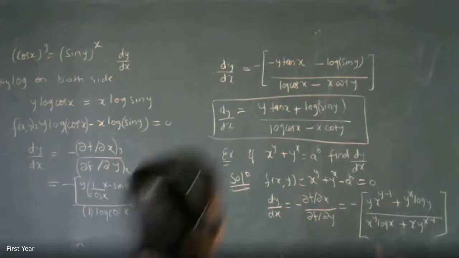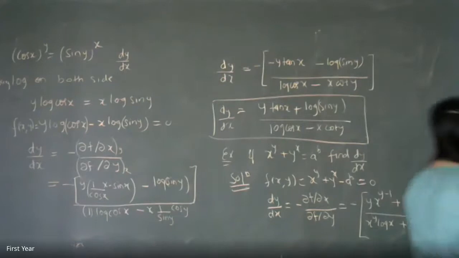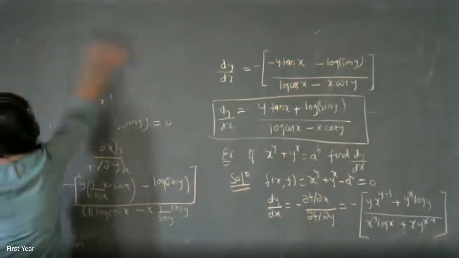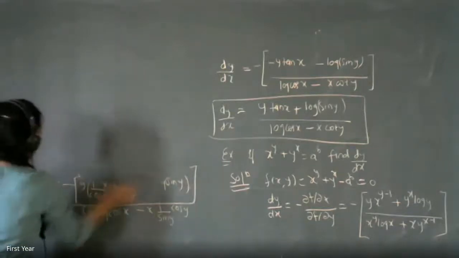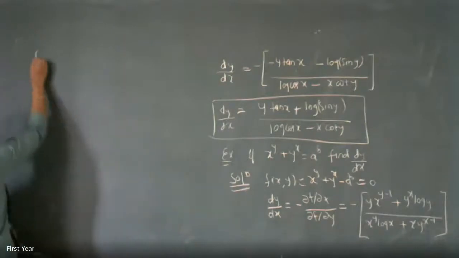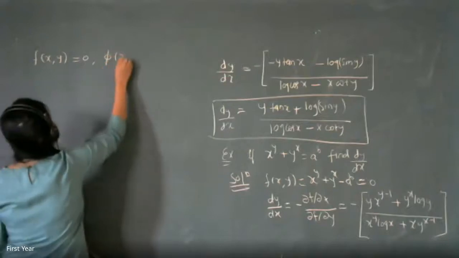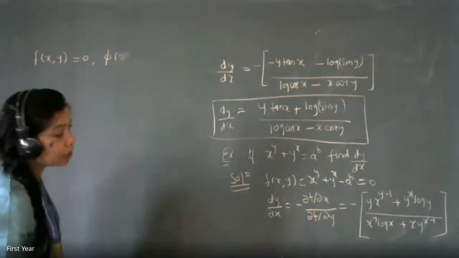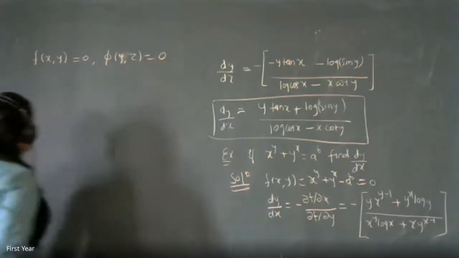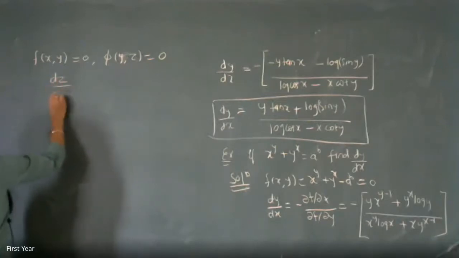If f of x comma y is equal to 0, and phi of y comma z is equal to 0, then what is dz by dx?